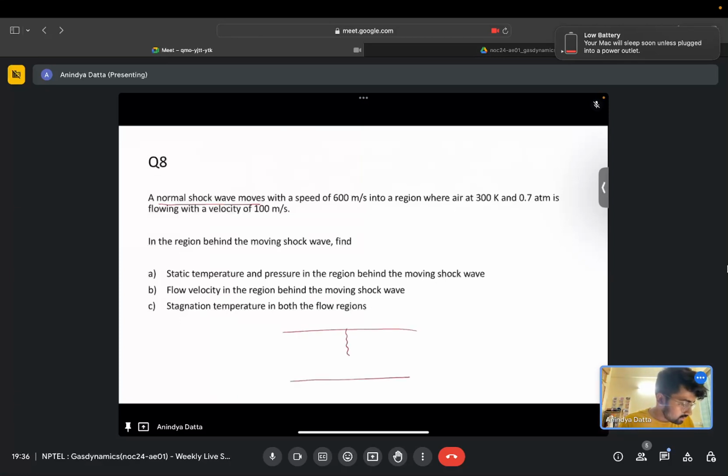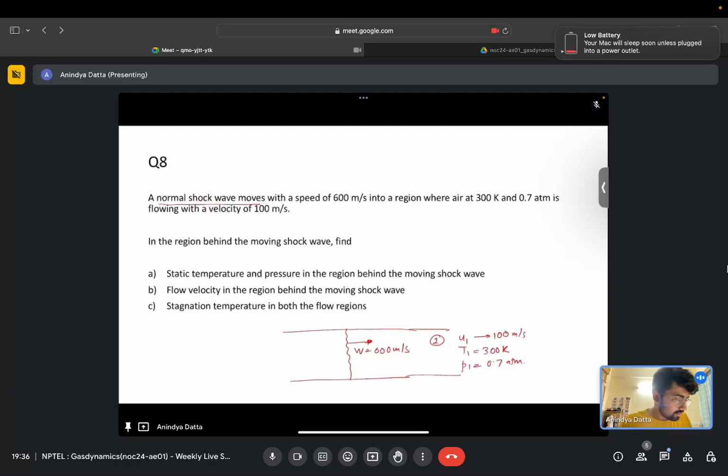So we have a shock which is moving with a speed w, which is 600 meter per second, into a region where air is at 300 Kelvin and 0.7 atmosphere and is flowing with a velocity of 100 meter per second. Let's say this is our region 1, flowing with a velocity of 100 meter per second in this direction. And here the temperature is 300 Kelvin and the pressure is 0.7 atmosphere.